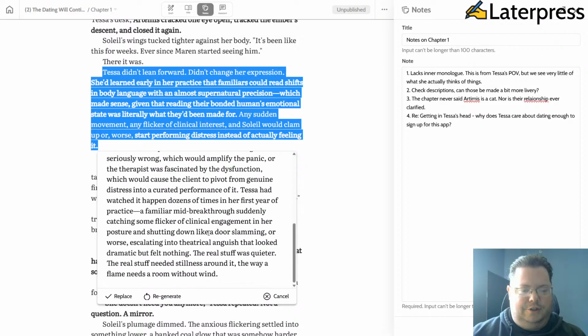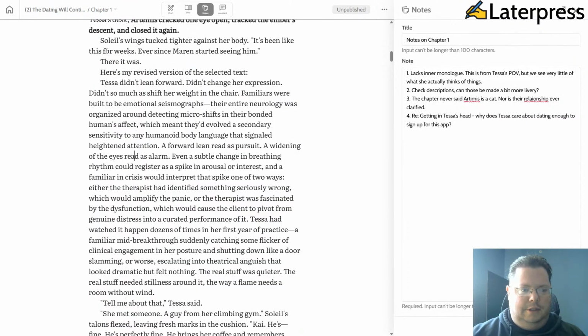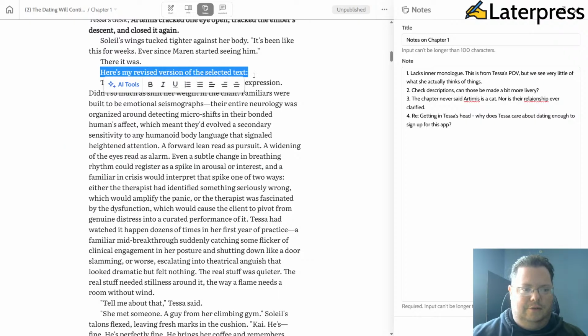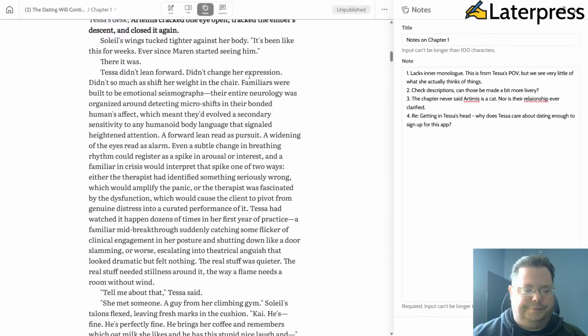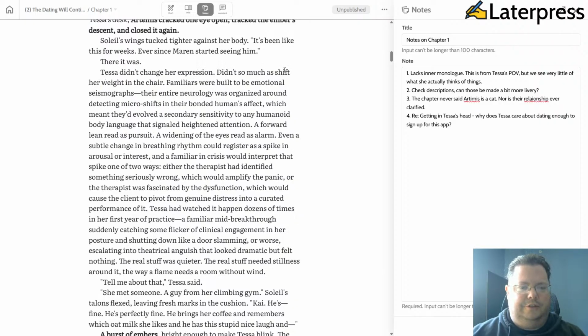Okay, so this needs revision too, but this is way closer to where I wanted this paragraph to go. So I'm going to replace this, and we're going to get rid of the "here's my revised revision for the selected text" line, because this is a very long paragraph. I think I should go, Tessa didn't change her expression, didn't so much as shift her weight in her chair. We're going to condense this a little bit.